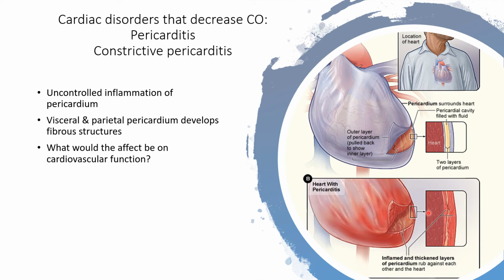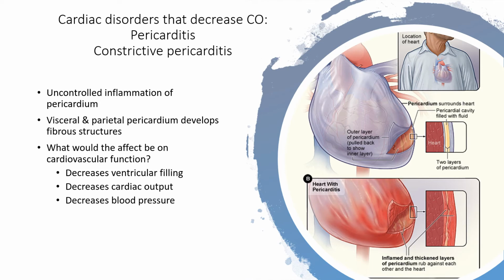And then just imagine that happening 70 times a minute. Okay. So we get decreased ventricular filling because this outer layer of the pericardium, the visceral epicardium here, leads to decreased filling because it now doesn't actually move as much, which decreases stroke volume, which decreases cardiac output, which decreases blood pressure.